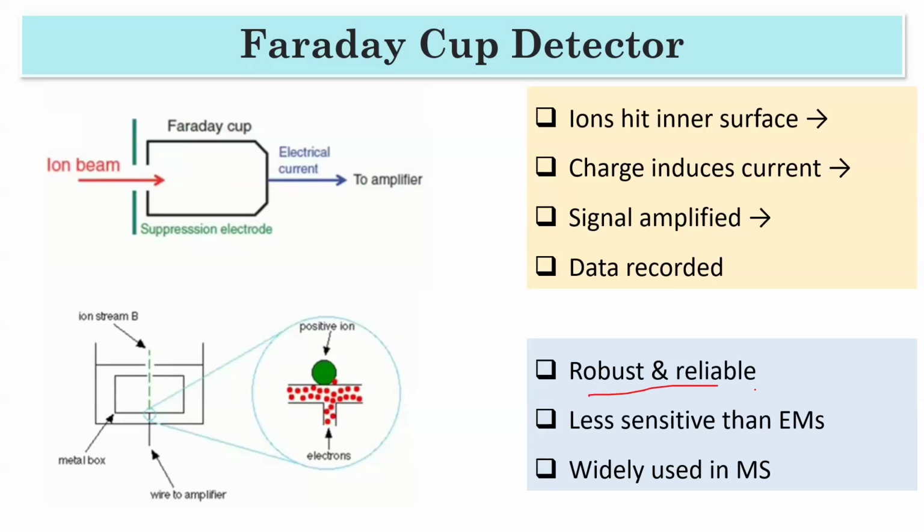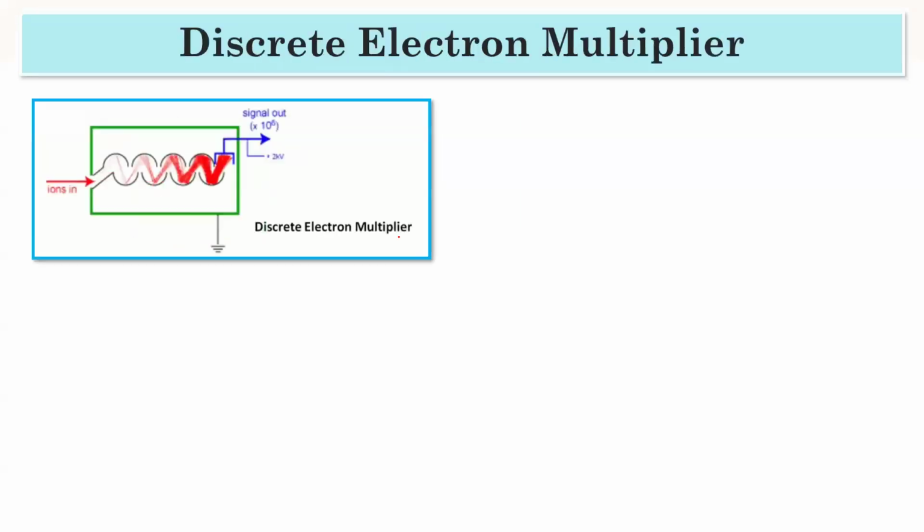It is very much less sensitive than an electron multiplier. In old mass spectrometers people used this widely, but these days maybe it is not so famous.